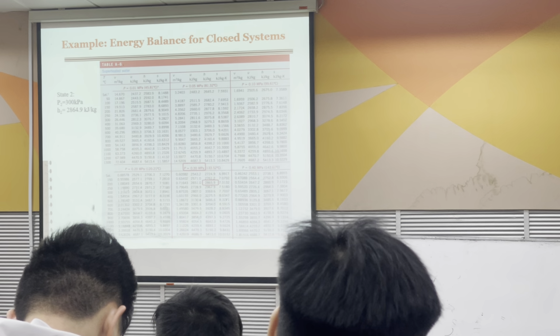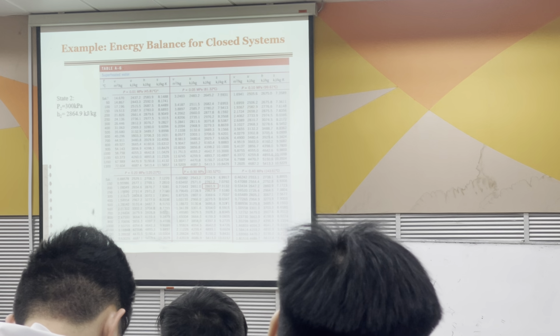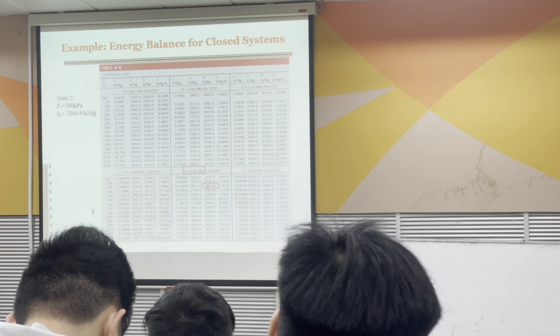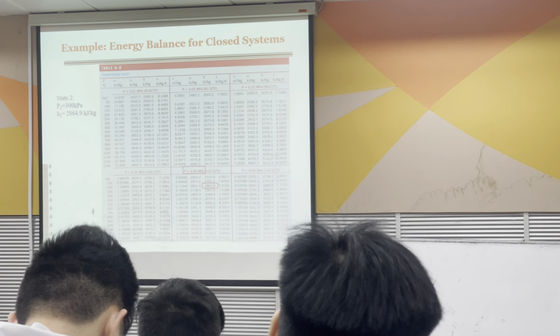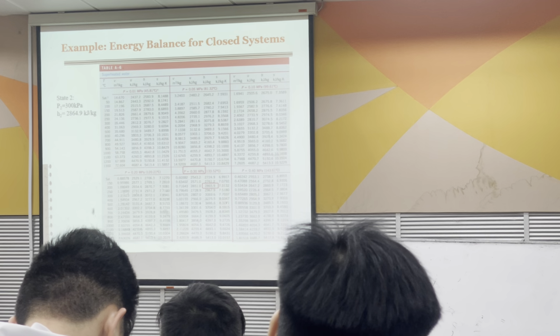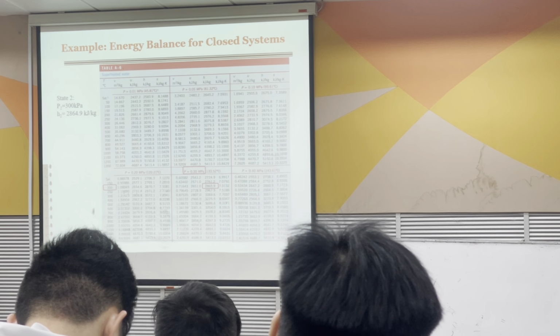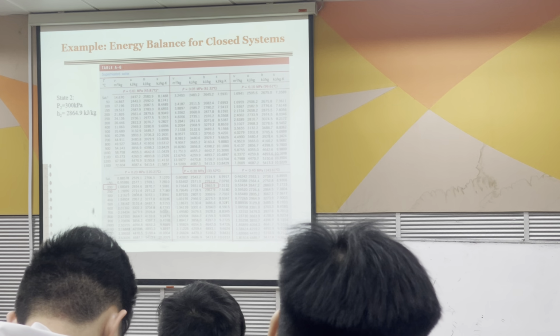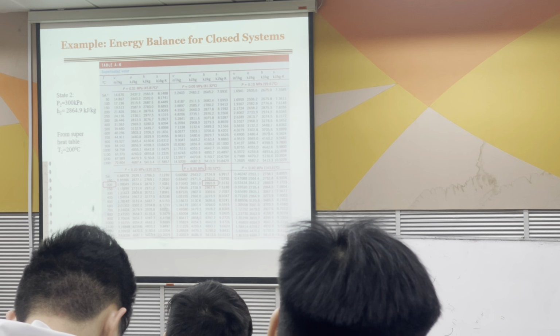We look at the H value column. You have to look one by one basically. Here we see one value that is 2865.9, which is on the same row as 200 degrees Celsius. So this value is not your exact value.